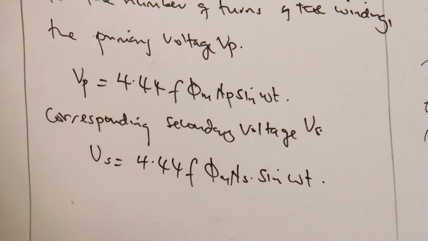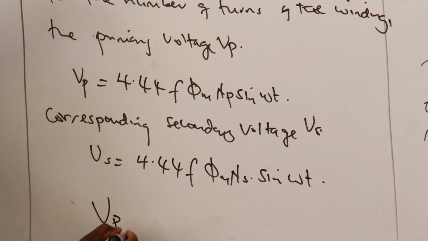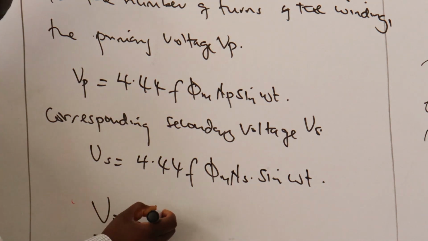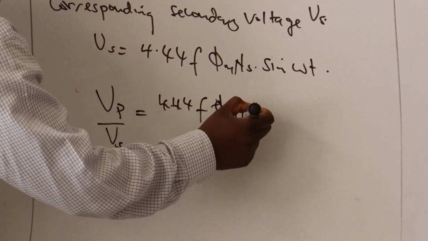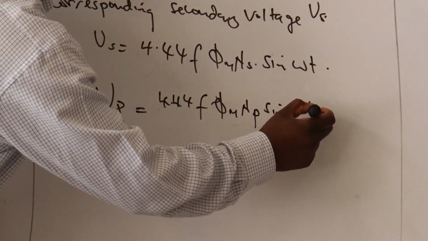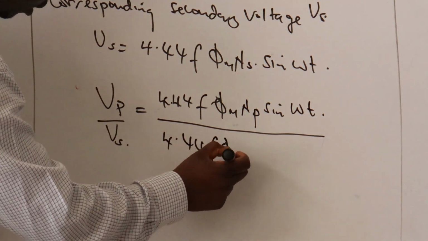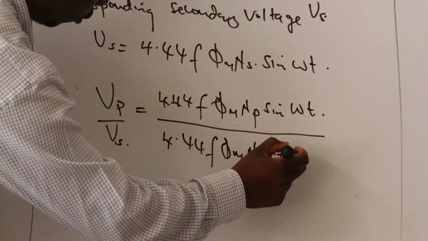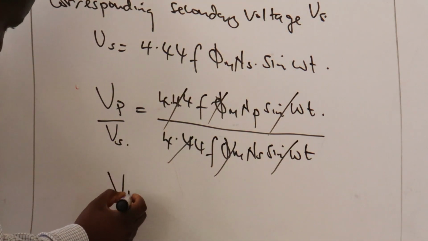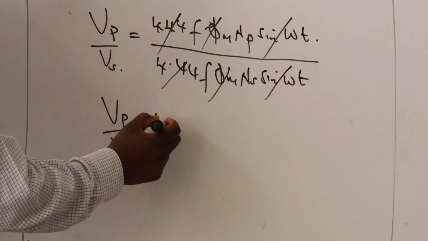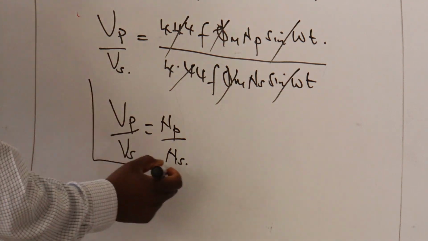By dividing the primary and the secondary voltage, we have Vp over Vs. On one end we have 4.44 phi m Np sine of omega t, and on the other end 4.44 phi m Ns sine of omega t. The common factors cancel out, so that Vp by Vs equals Np over Ns.